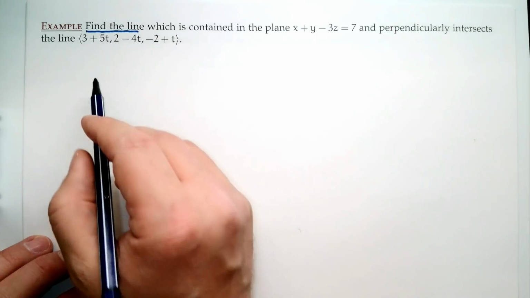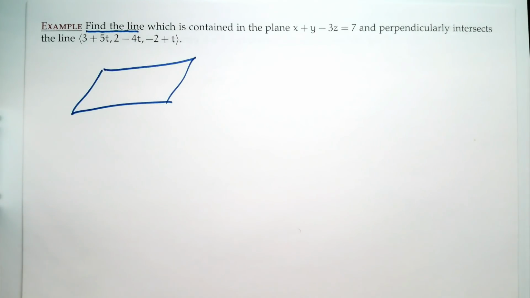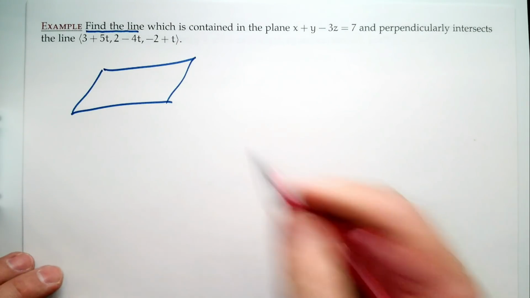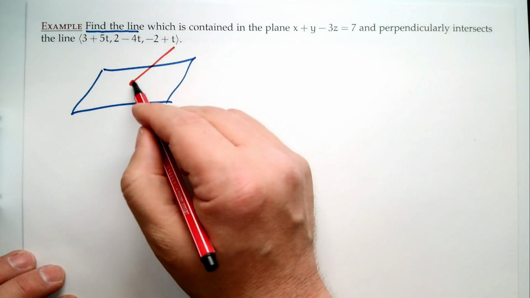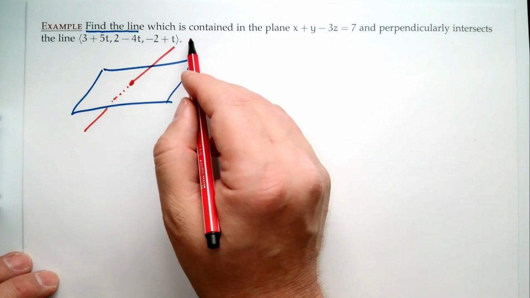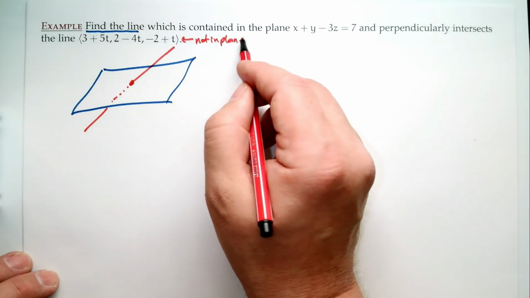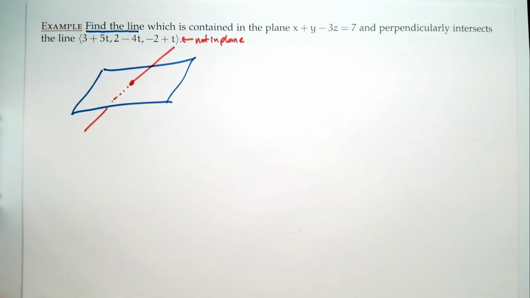So what do we have? Well, think of the picture. We have here a plane, and that's our plane x plus y minus 3z equals 7. Then there's this line which comes through space and hits this plane. So this line here, this is not in our plane currently. It's a line coming through our plane. And what are we after?